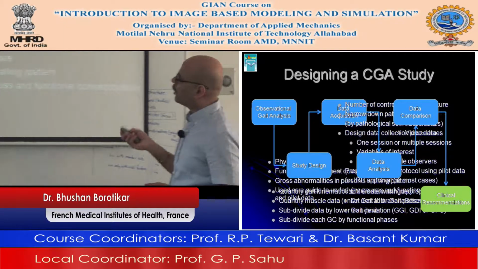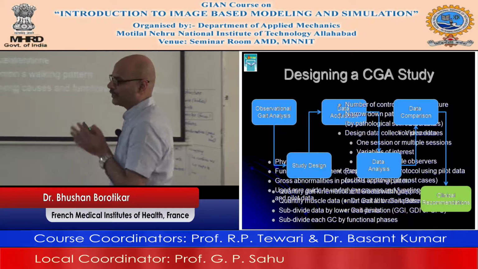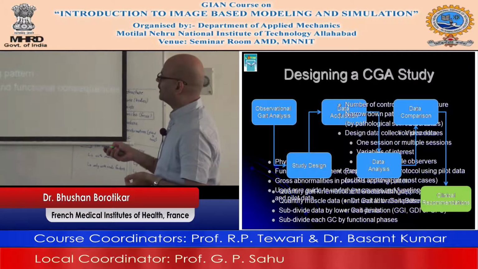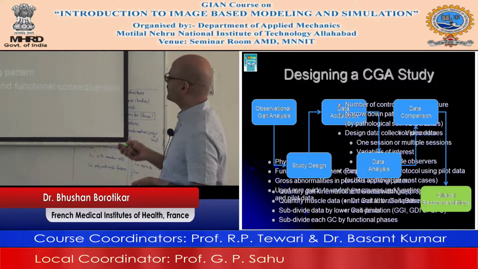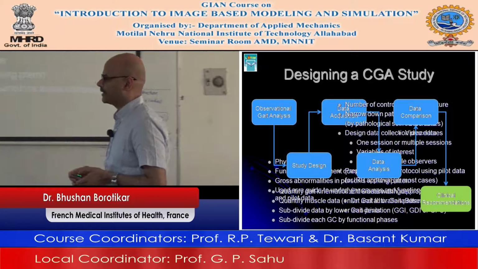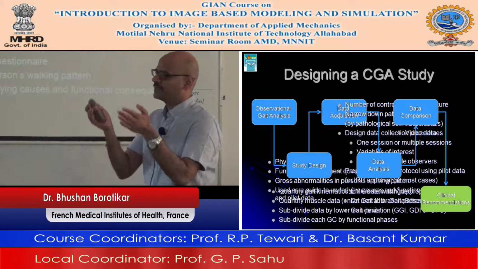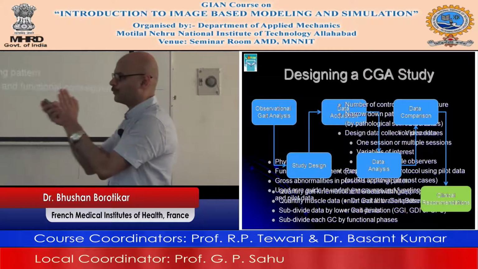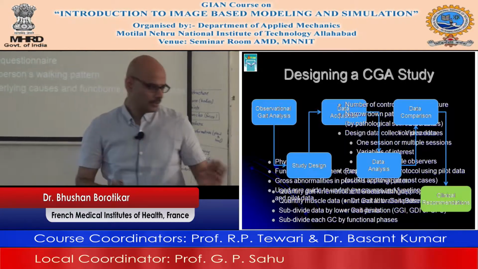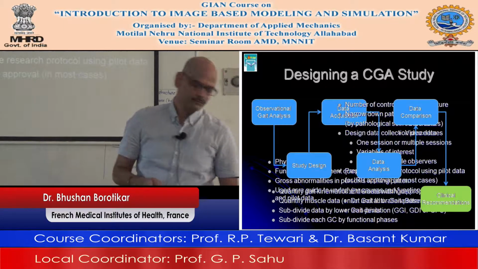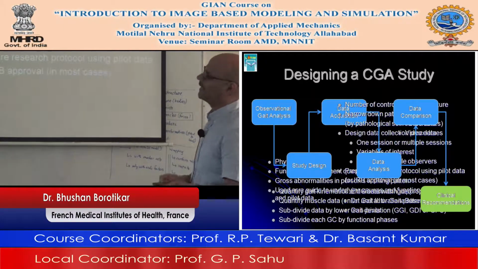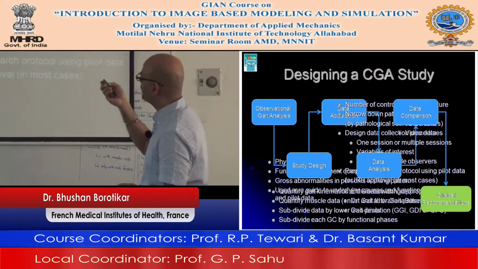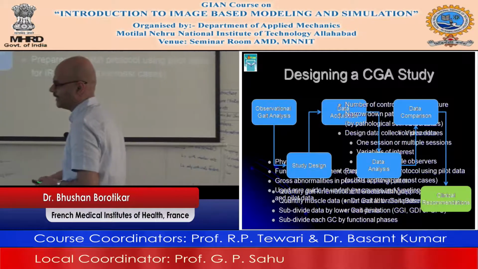So we start with observational gait analysis. This is what clinicians do, physiatrists' eyes. A questionnaire that they ask the patient and get an assessment of any gross abnormalities in the person's walking patterns, which is followed by a study design, like how many patients should be included in this study.